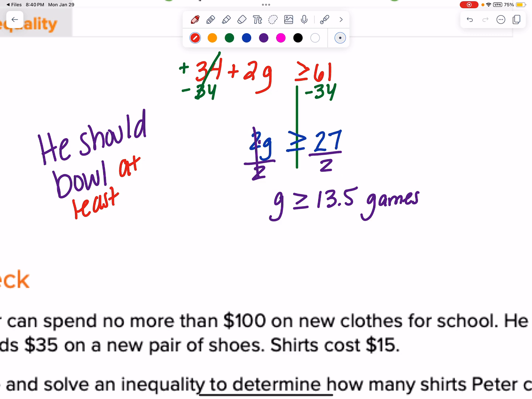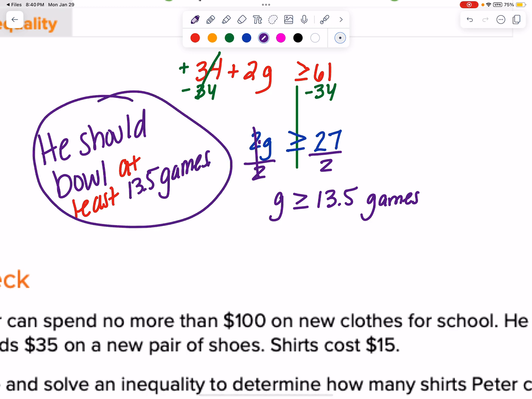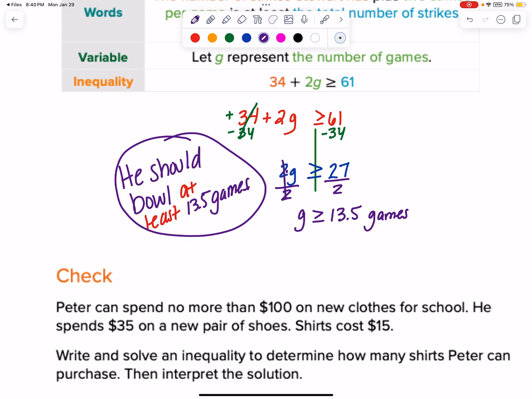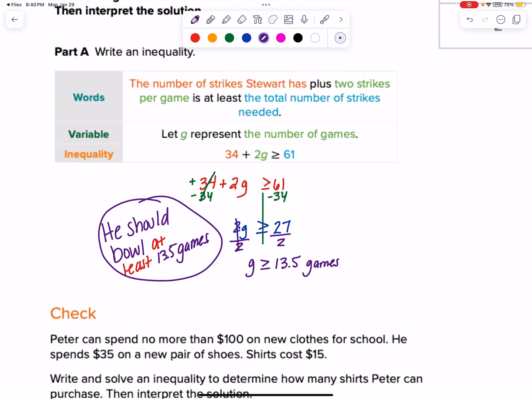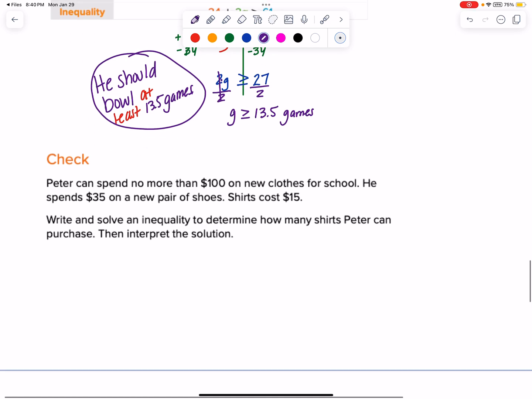It's at least 13.5. So that's what has to happen: at least 13.5 or more in order to meet the goal of that many total strikes. It might happen mid-game based on all that.